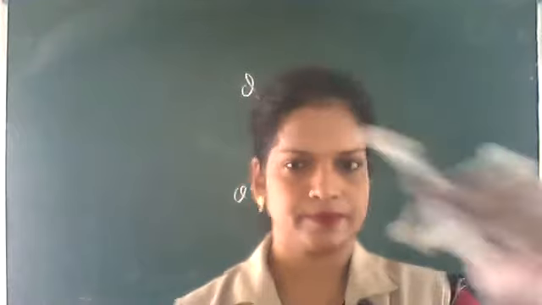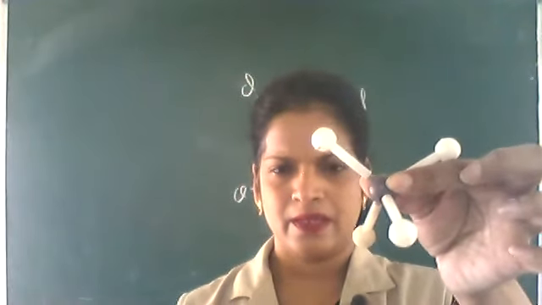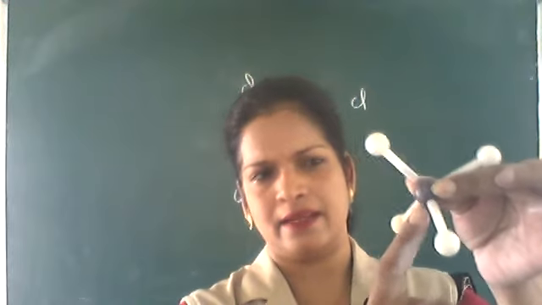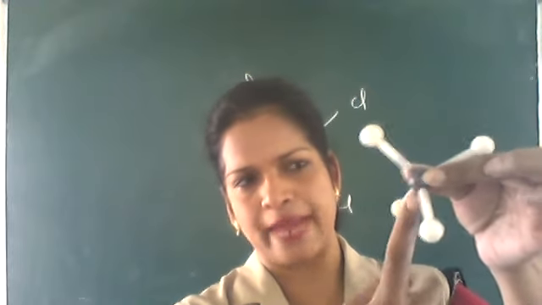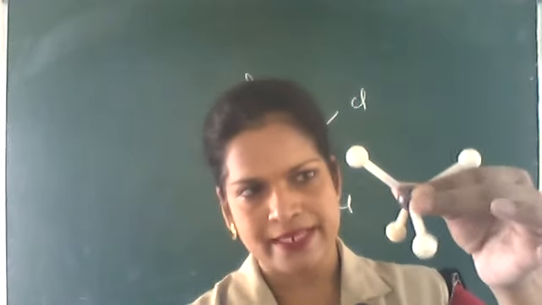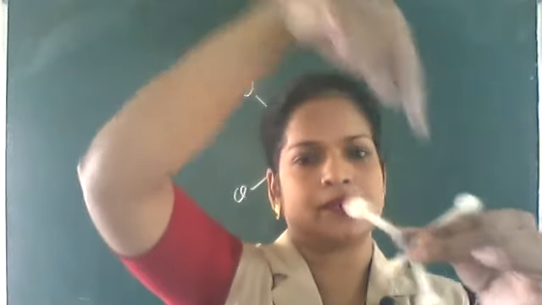In this, you see this CCl bond, its dipole moment is right at the center, downwards, and upper two bonds are upwards, means in between.